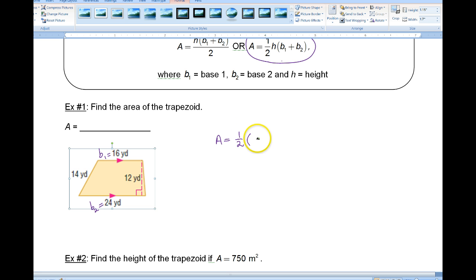What's the height? 12. And then 16 plus 24. What do we get? 240 square yards. Good? Any questions there?